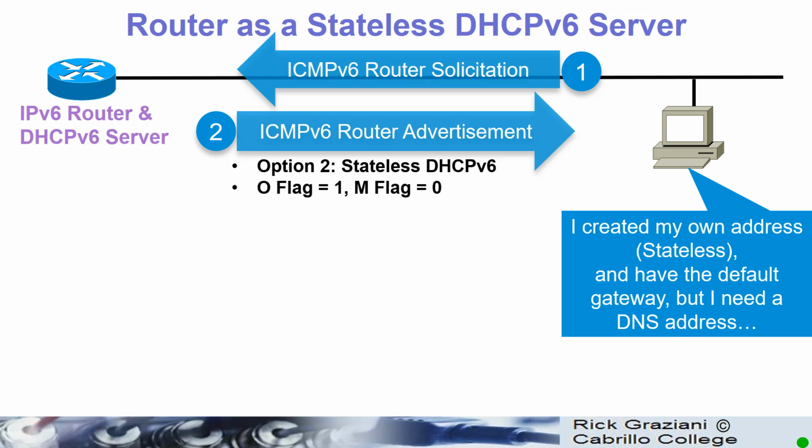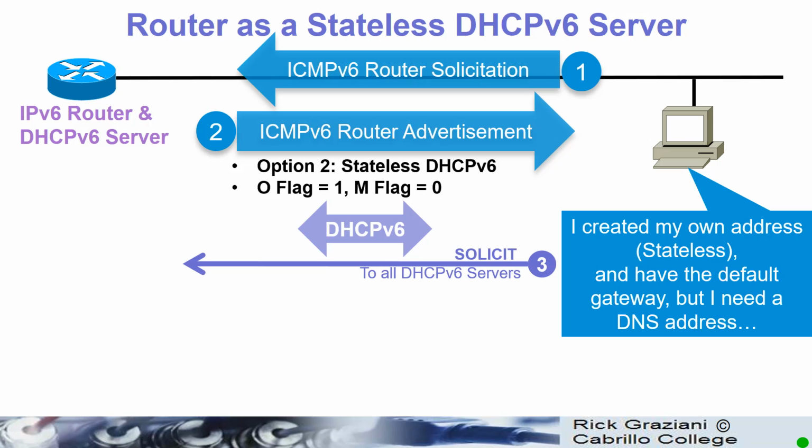And it will create its own address, stateless, and it'll have the default gateway, but it'll have to find the DNS. That's where the DHCP functionality will come into play, and basically it will send a solicit to all DHCP version 6 servers as a multicast, and an advertisement unicast will come back from the router or DHCP server, because in this case it's going to be the router.